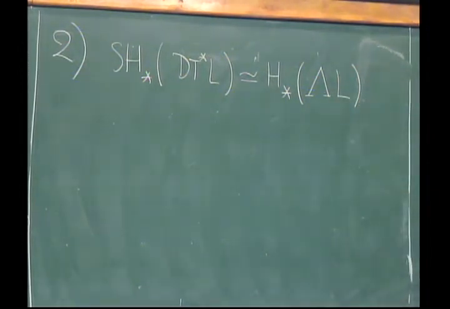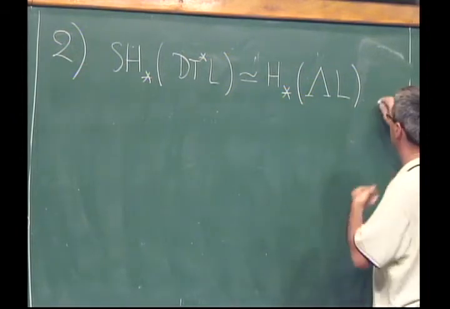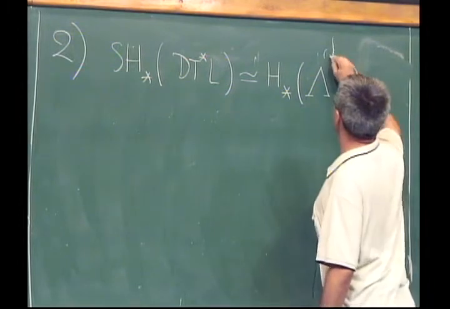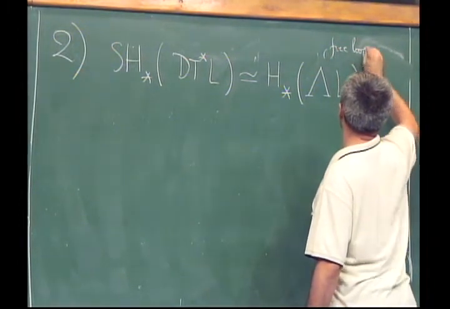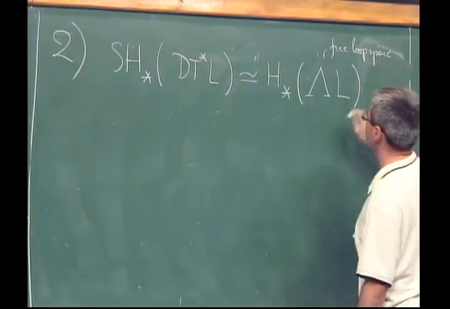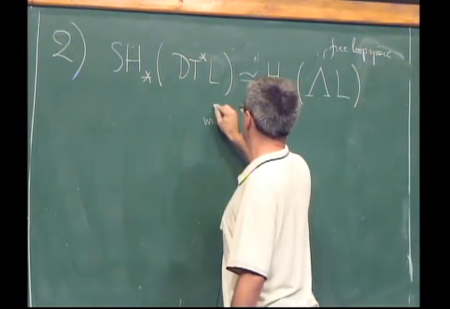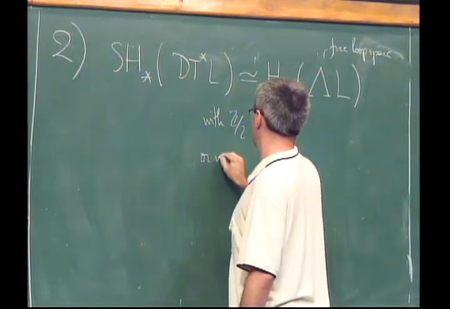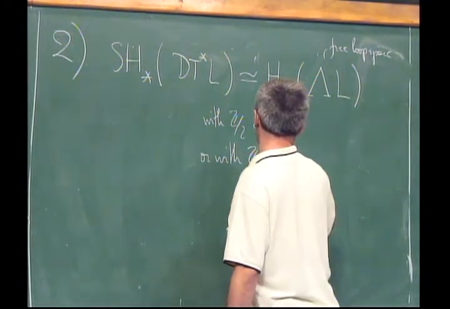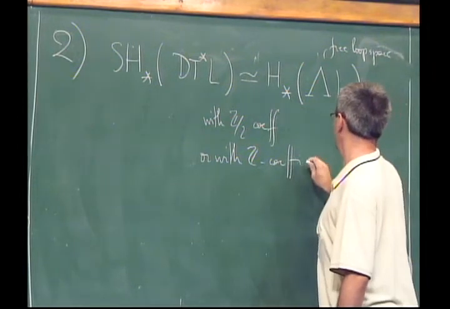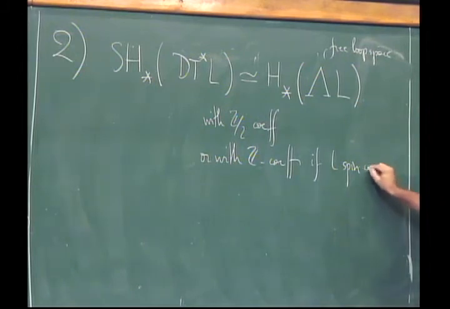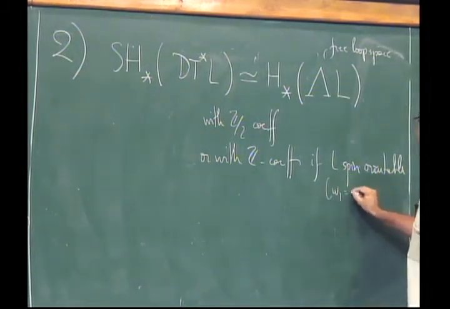At least if, so that's the free loop space, right? With Z2 coefficients, or with Z coefficients if L is spin and orientable, meaning that w1 is 0 and w2 is 0.